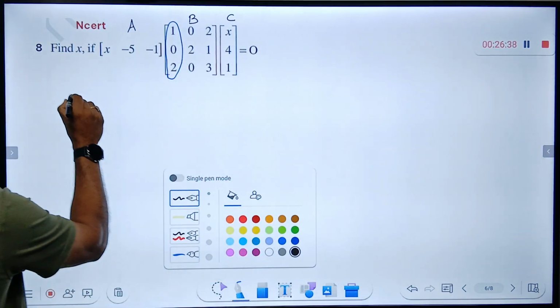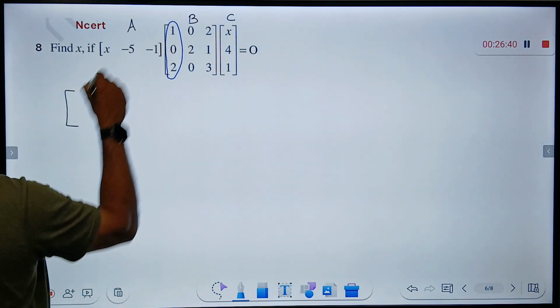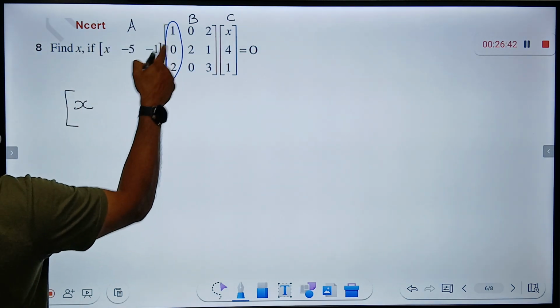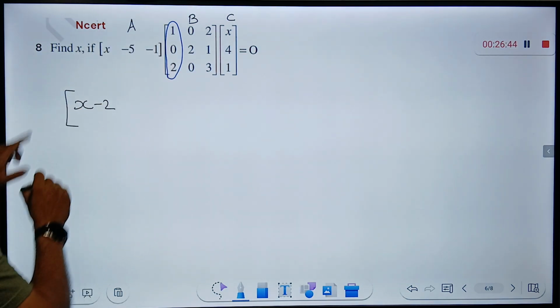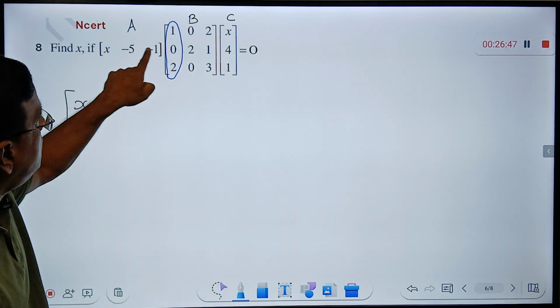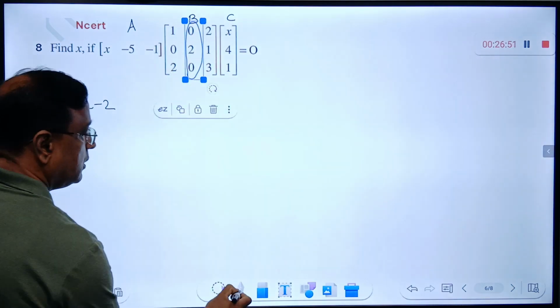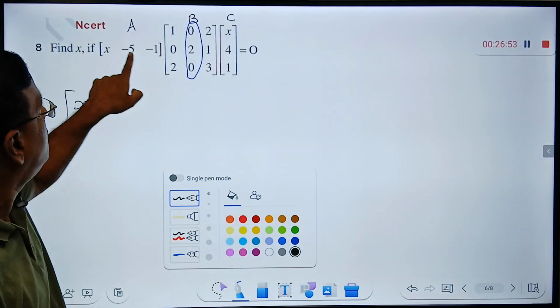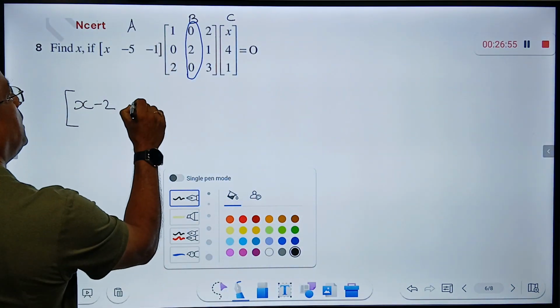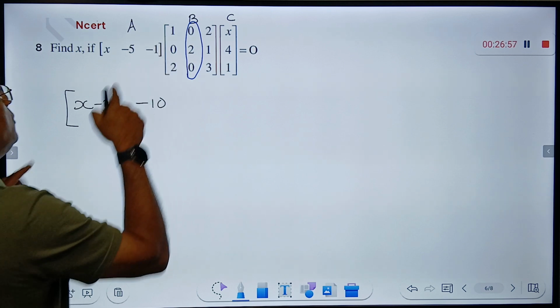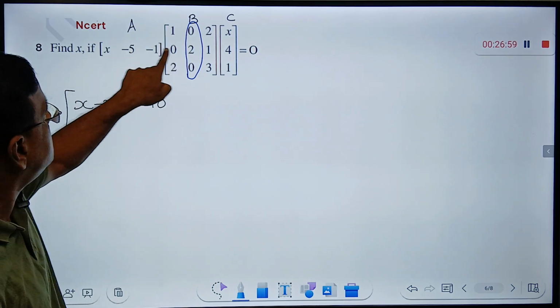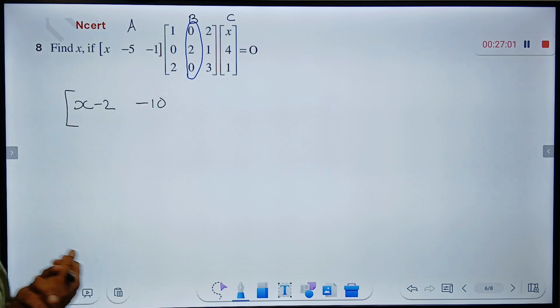What do I do? How do I do it? X, 0, minus 2. Correct? X, 0, minus 2. Now move it. What do you get? 0, 0, minus 10, 0. 0, minus 10, 0.